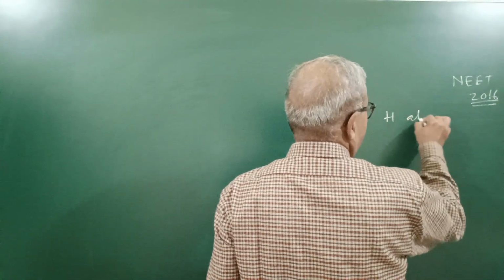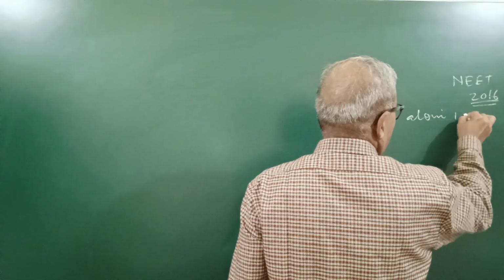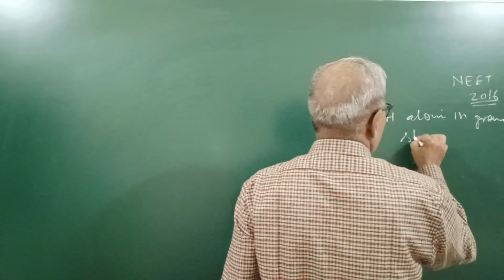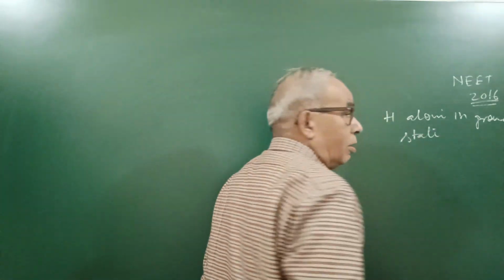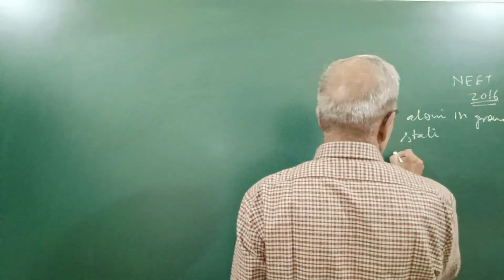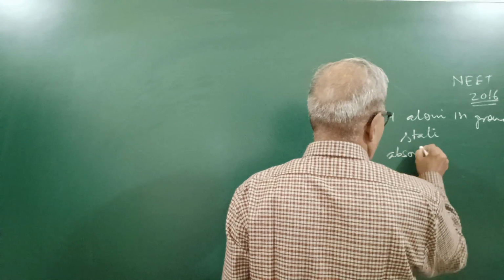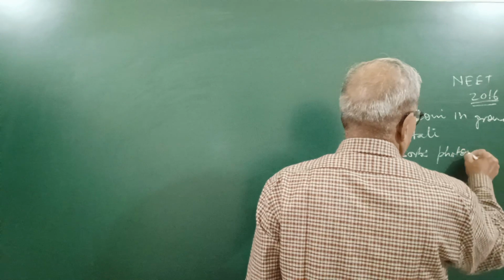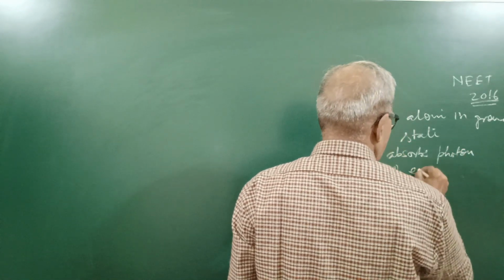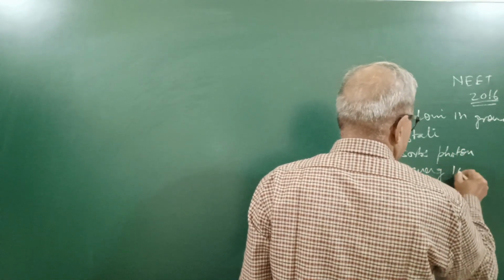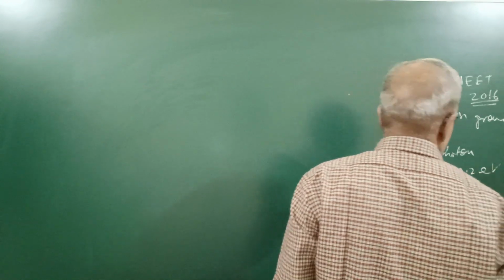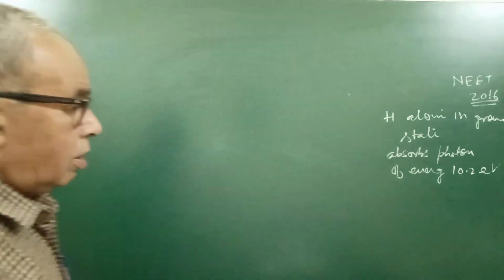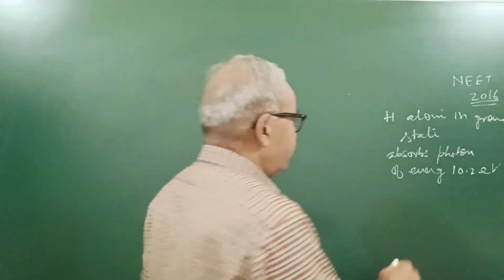Hydrogen atom in ground state means it is in the lowest state, the first orbit. It absorbs a photon of energy 10.2 electron volt. So when it absorbs energy, it will go to a higher energy state.